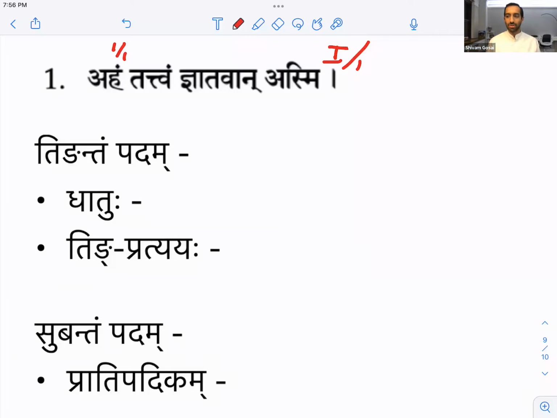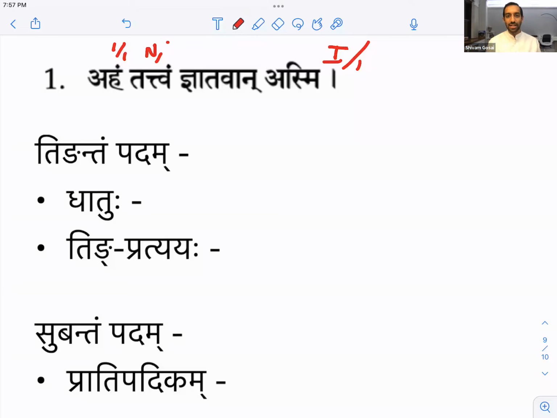Tatvam. This is a napumsakalinga word. Knowing it's napumsakalinga, it can be 1-1 or 2-1. Jnanam, jnane, jnanani. Tatvam, tatve, tatvani. So we don't know. We're not quite sure.